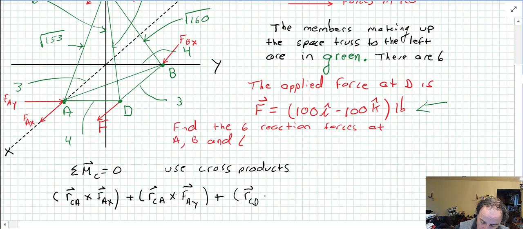RCD crossed with F, and the last one is force BX, and that's CB, the position vector going from point C to point B, crossed with FBX in the X direction. And that whole thing has to equal 0.